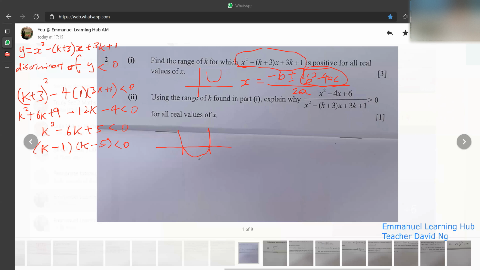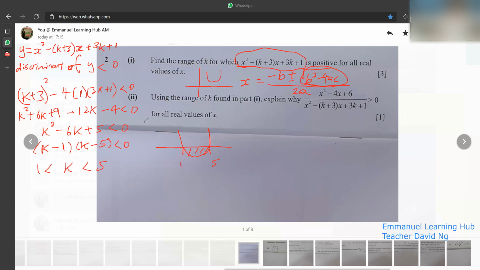This one I'm drawing is for this equation, which is the discriminant. And they want it less than 0. Less than 0 is here. So k is between 1 and 5. You understand now?